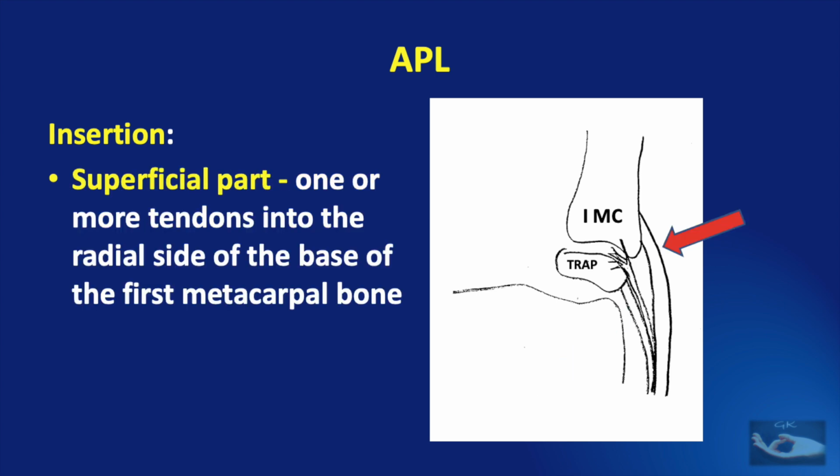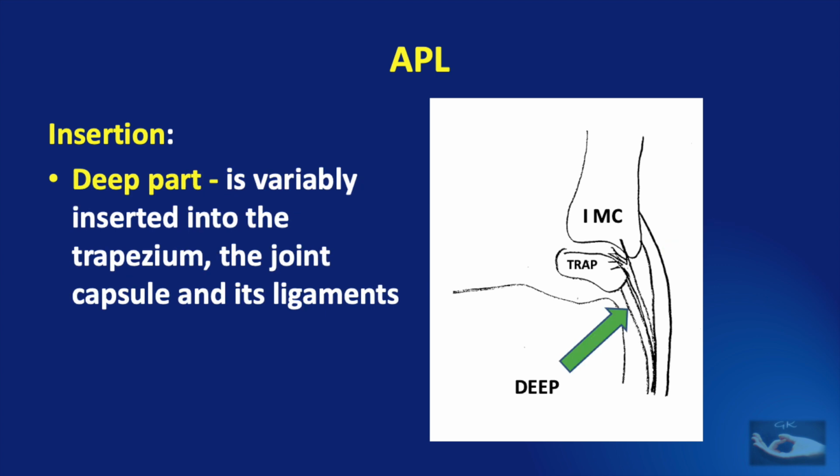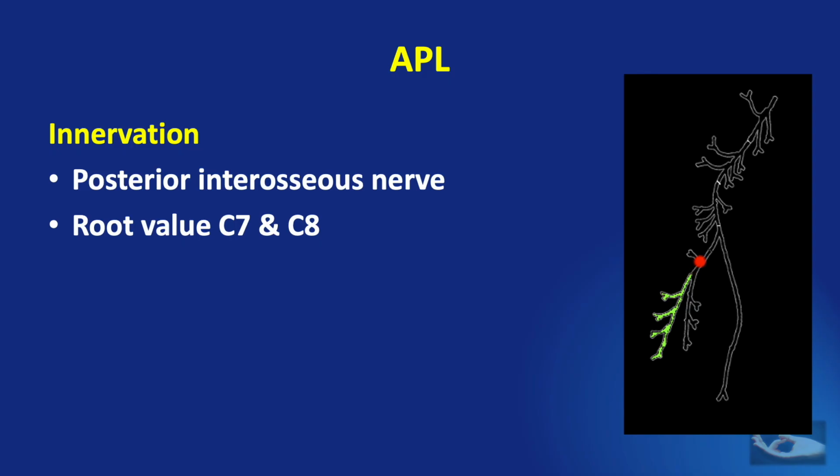The superficial part is inserted by one or more tendons into the radial side of the base of the first metacarpal bone, and the deep part is inserted variably into the trapezium, the joint capsule and its ligaments. The muscle is innervated by a branch from the posterior interosseous nerve with a root value of C7, C8.